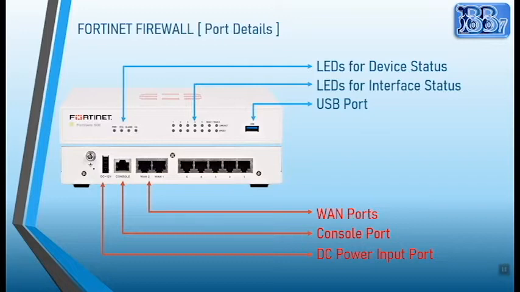The next 5 ports are used for the LAN. There we can connect our internal devices, but in further videos I will show you how we can configure a LAN port as a WAN or a WAN port as a LAN, because these ports can be assigned different roles based on the port type configuration and different mapping.